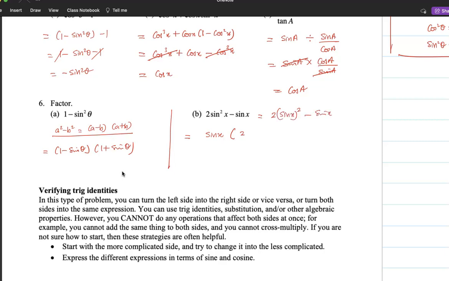So what will be left? 2 sine x minus 1. Correct. That's the most you could factor, you can't do anything more. Wait, what did you write? 2 sine x. It looks like 5 to me, maybe. No, it was sine. Okay, nice.